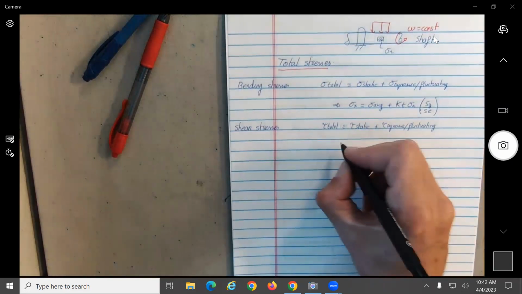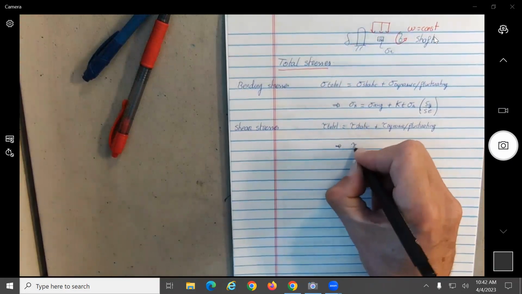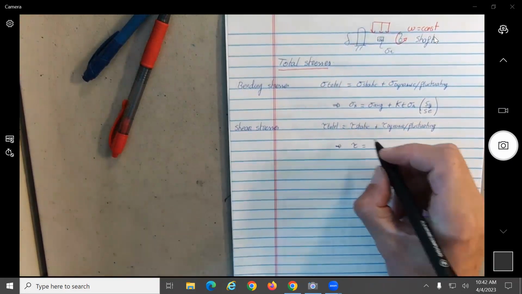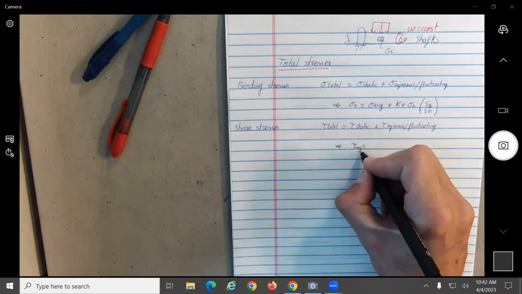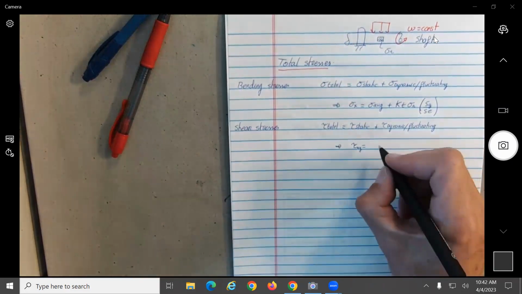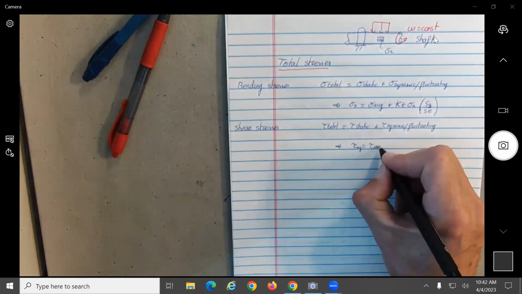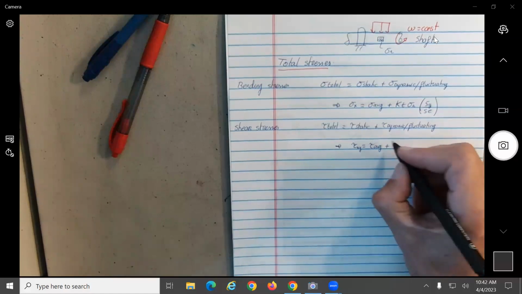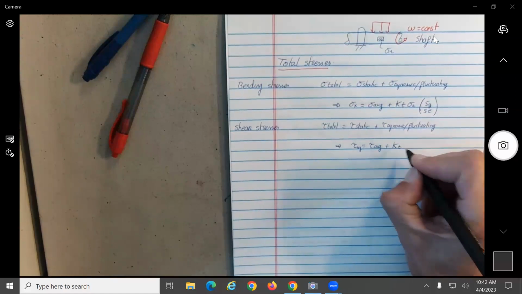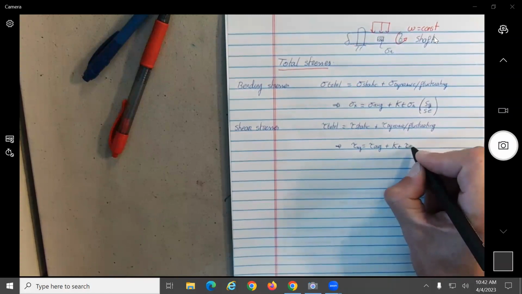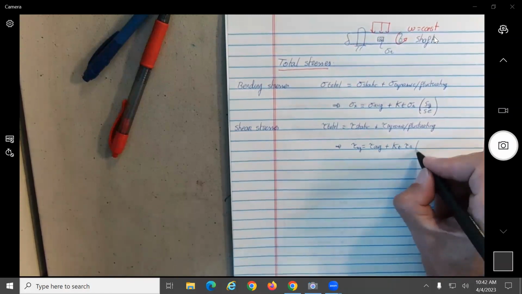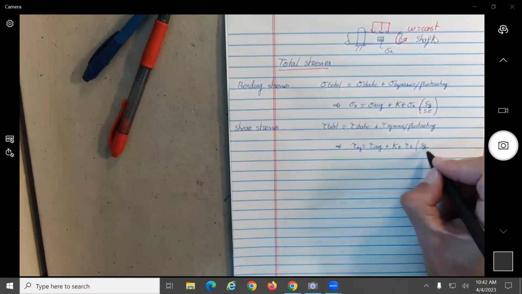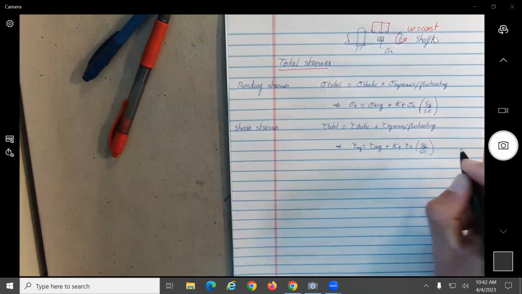That will be tau, here it should be tau xy, but you can just put tau, equal to the tau average plus K sub t, tau sub r, S y over S endurance.